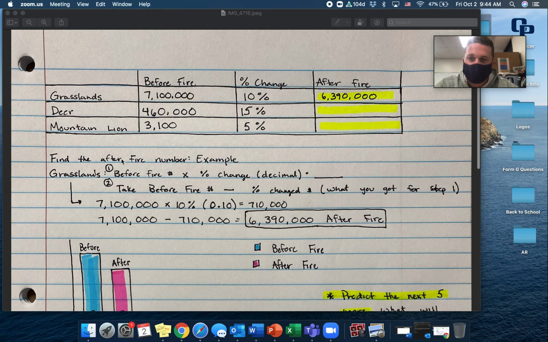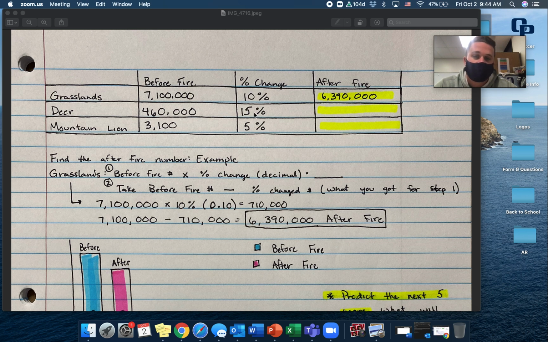So once you make the table, as you can see, I've already filled in one. To find the number, you're going to take the number before the fire. In this case, it was 7,100,000, and then you're going to multiply that by the percent change, but you're going to make that a decimal. So in this case, I multiplied 7,100,000 times 10% or 0.10.